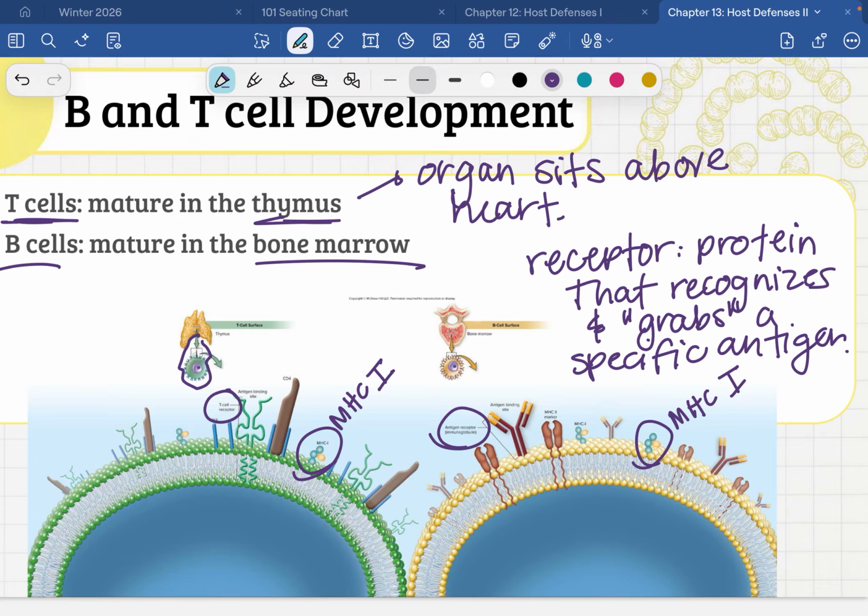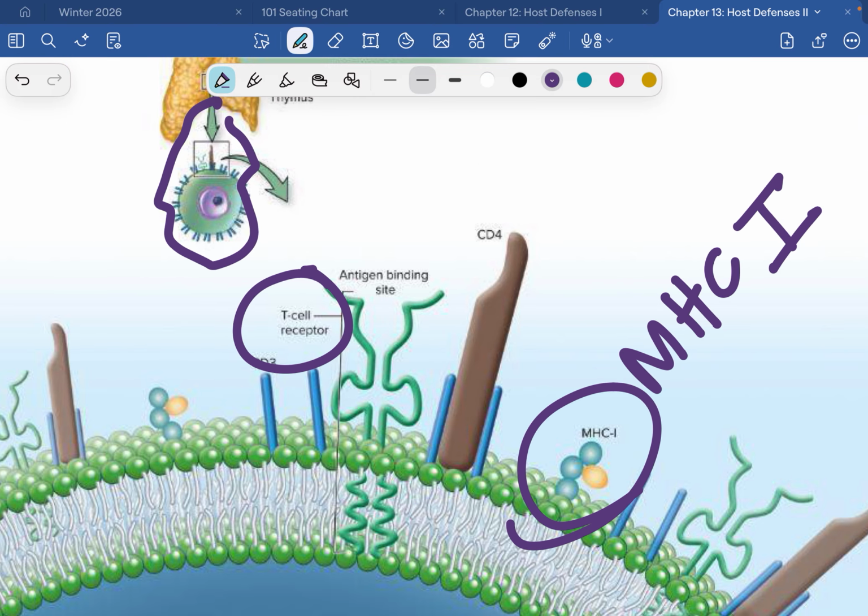Okay, so both B cells and T cells have receptors, and these receptors are things that recognize and bind or grab one specific antigen. They usually have a very specific shape. Notice this is a T cell receptor right here, and the only antigen that is going to fit in that specific T cell receptor is one that is that exact shape. And remember that each and every T cell and B cell has a different receptor specific to one particular antigen.